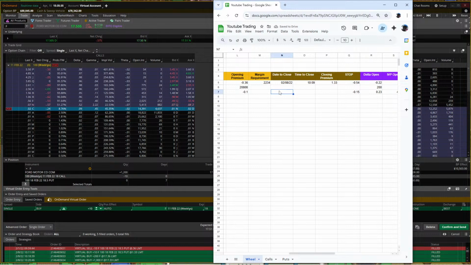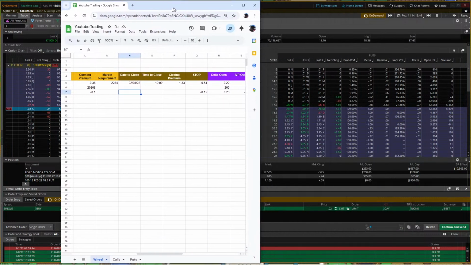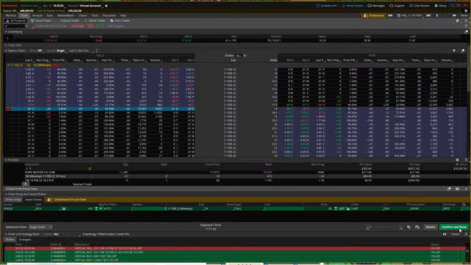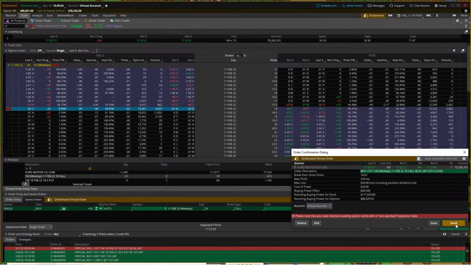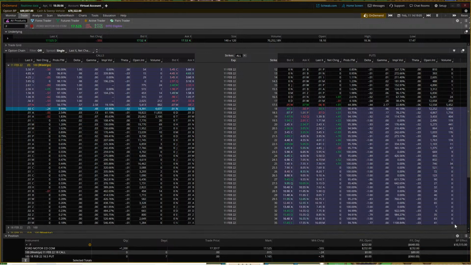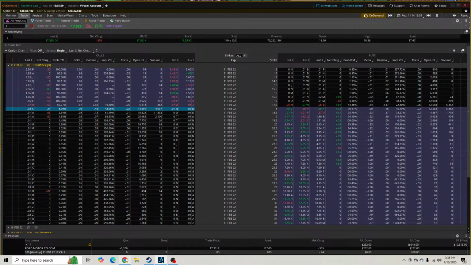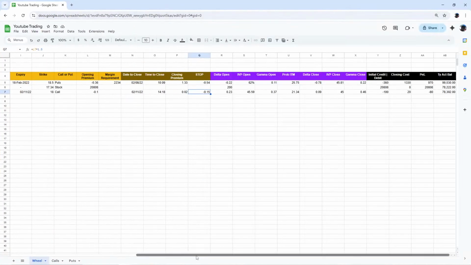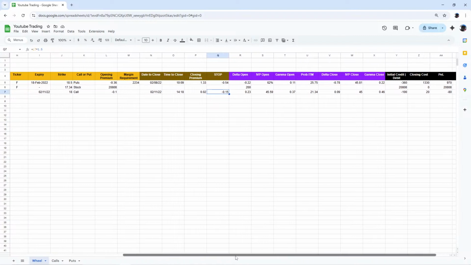Date to close is 14-11-22, 14-18, and then we're looking at 2. Let's back up. Let's open it completely. Make sure we get all of our information right.